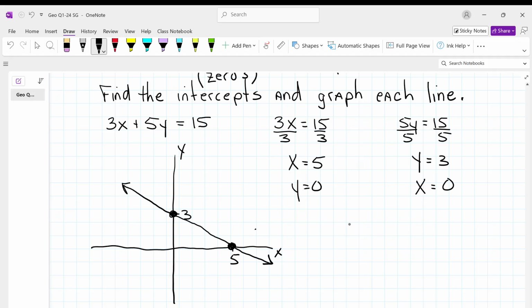So let's try it right here. 2x minus 4y equals 8.